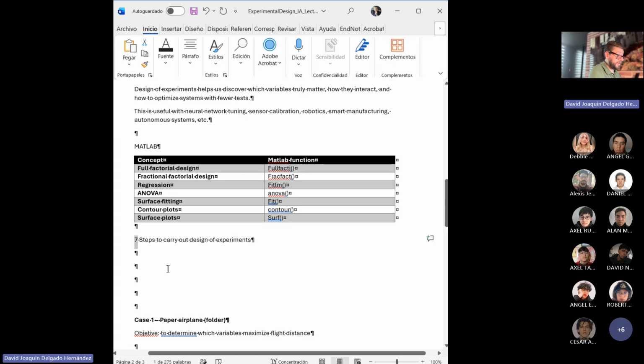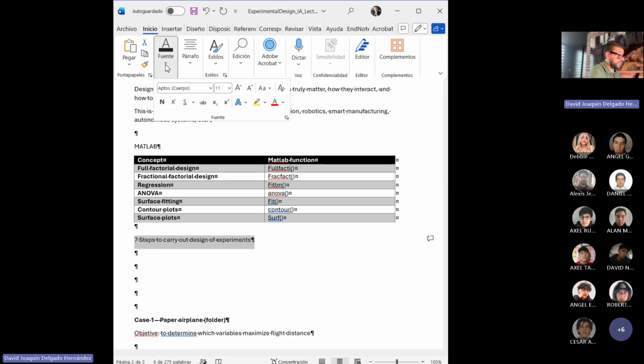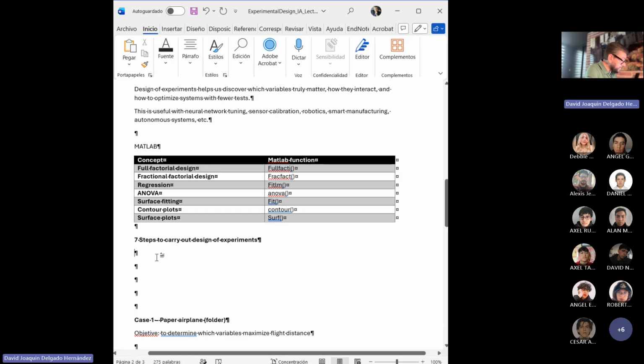These are very important, and we are going to use these 7 steps 3 times because we are going to use them in the 3 case studies that we have at hand. So the first step is related to determining experimental objectives.